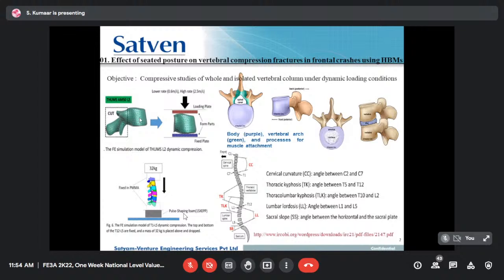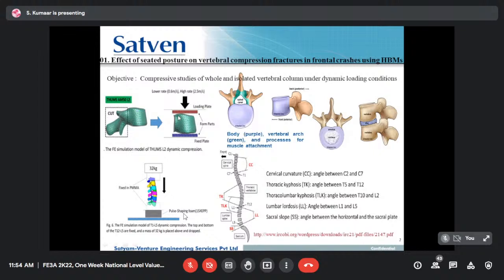For example, in this case they have one fixed rigid plate, on that they kept some foam parts, above that the vertebra. The same way on top, foam part and again a rigid plate, and the load is applied from the top. This is the test condition, the boundary conditions, which we have taken from the technical paper.